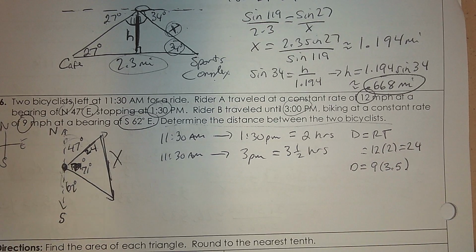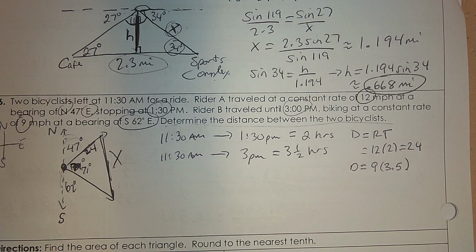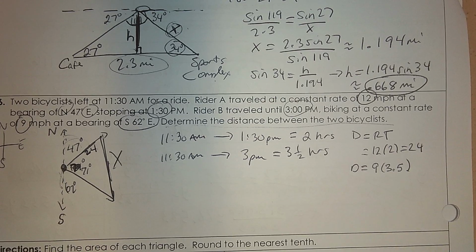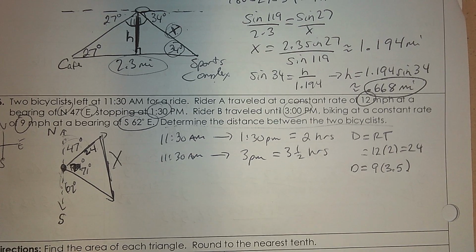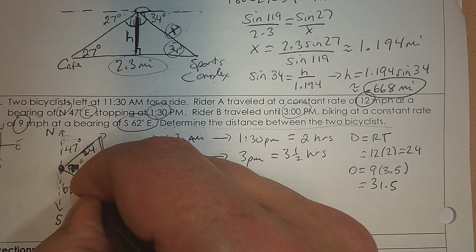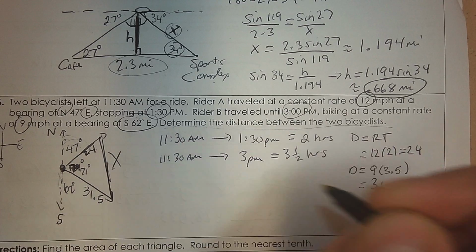How far did you go in 3.5 hours times 9? 31.5. So this one here is 31.5.